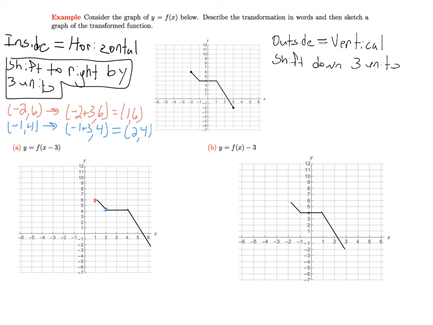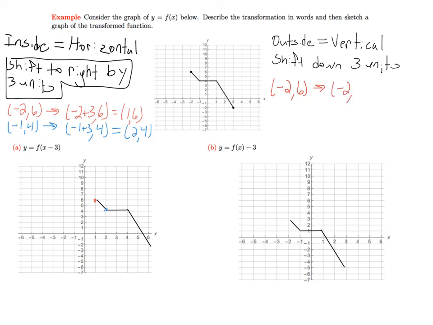So every point on the graph gets moved down by 3 units. So taking a look at the graph that we have down here in part B, here was the original graph for f, and now we're going to take this graph and move it 1, 2, 3 units straight down, and we wind up with a graph that I have in part B. And so keeping tally of a couple of key points on this graph, the point, say over here on the left, that started off at minus 2, 6, we move this point straight down by 3 units.